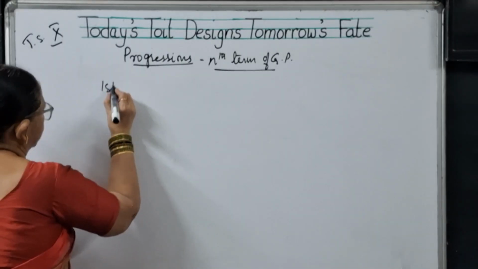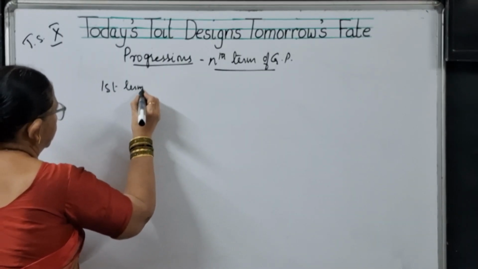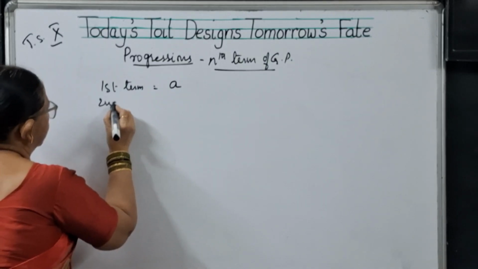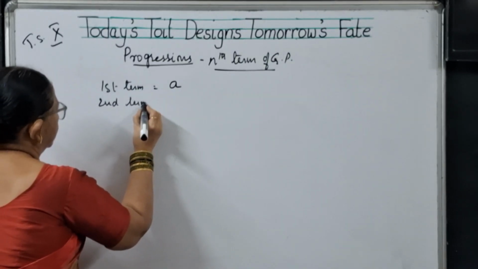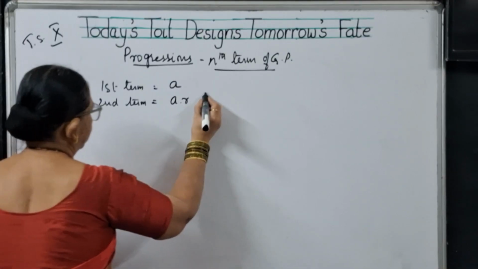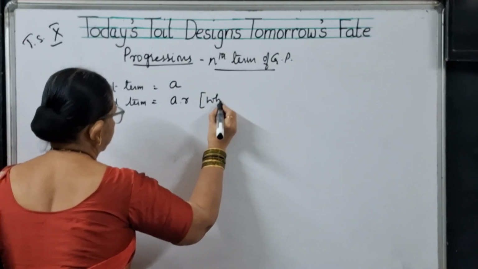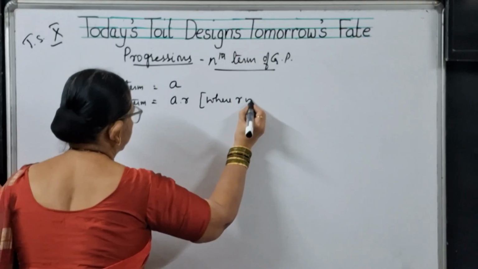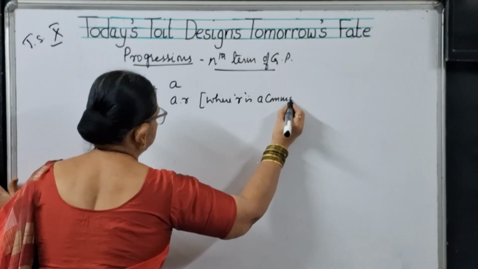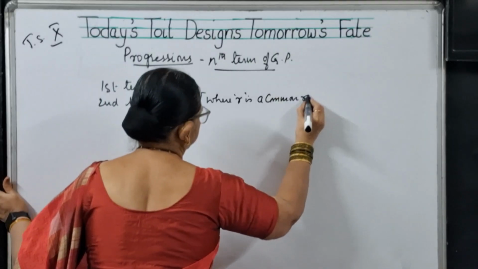In this, the first term we are writing as A. And what is the second term? The second term we are writing as A into R, where R is the common ratio.